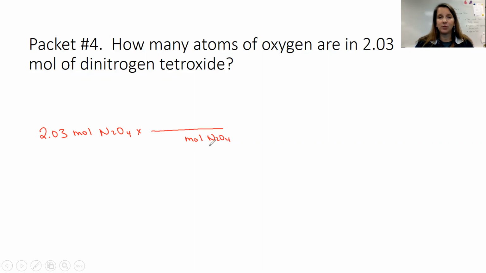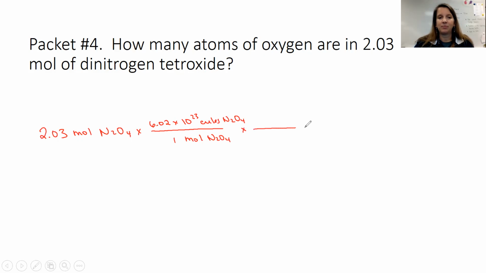What number are we always going to put with moles? 1. We know that 1 mole of N2O4 is equal to 6.02 times 10 to the 23. But 6.02 times 10 to the 23 what? Molecules of N2O4, because N2O4 is a covalently bonded substance.